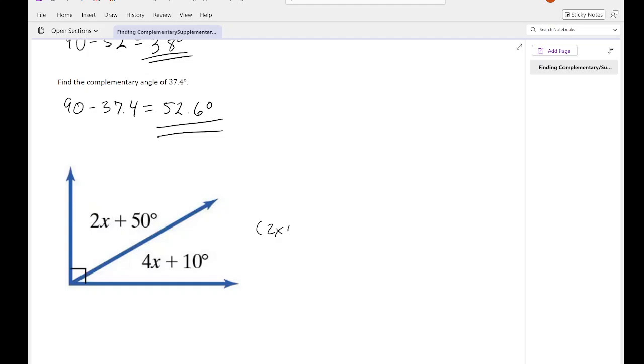So 2x plus 50 plus 4x plus 10 is going to be 90 degrees. Now I just solve. 2x plus 4x is 6x, 50 plus 10 is 60, equals 90. Now just solve for x. Very simple algebra by this point. Subtract the 60 over. 6x equals 30.